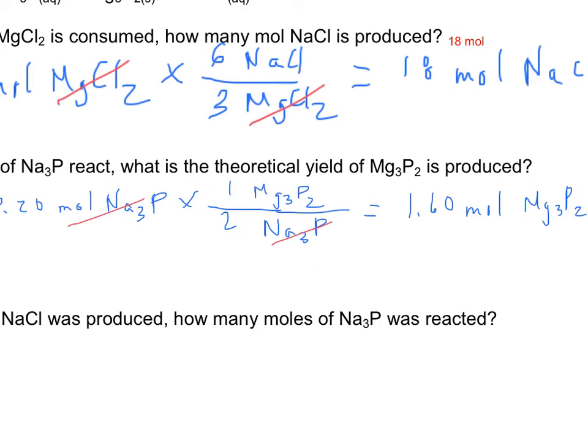Now that I know how many moles of magnesium phosphide is made, I can change that into grams using the mass equals moles times molar mass equation.